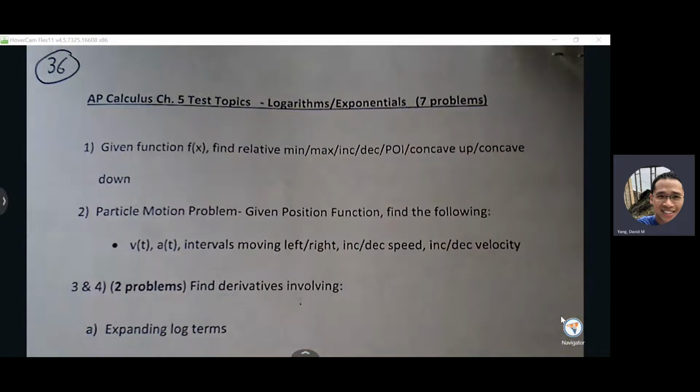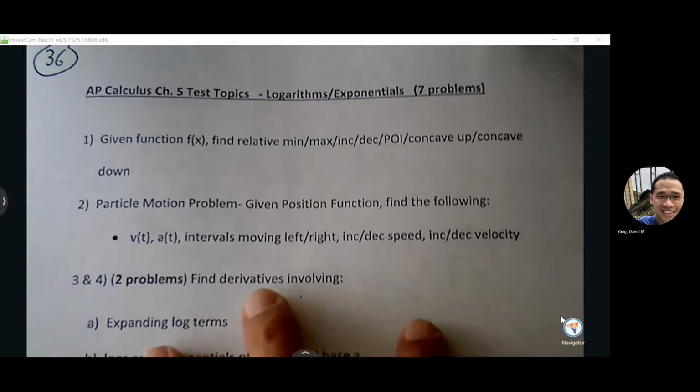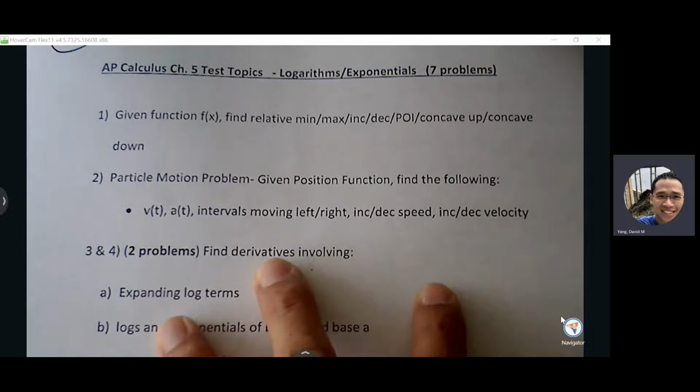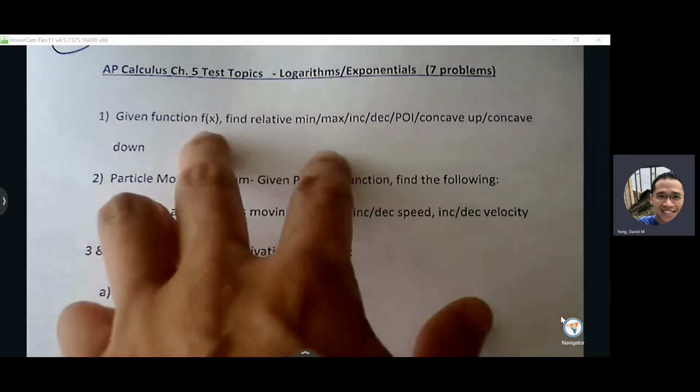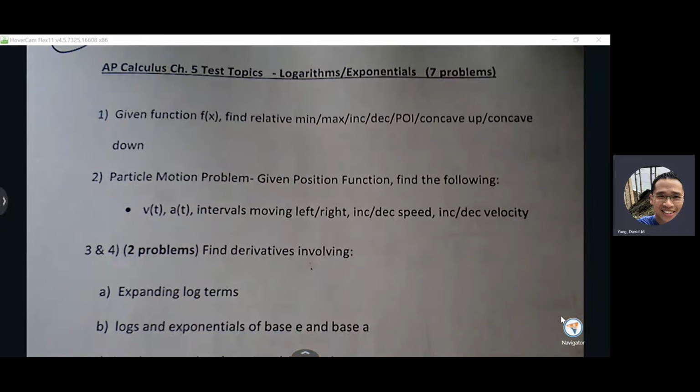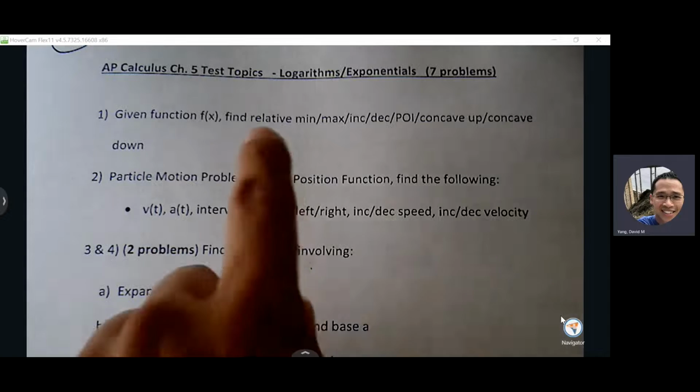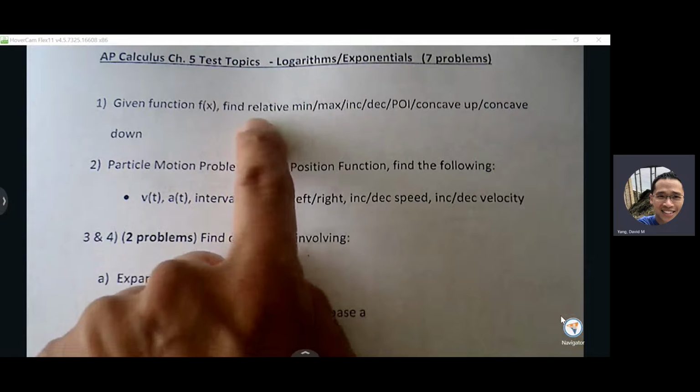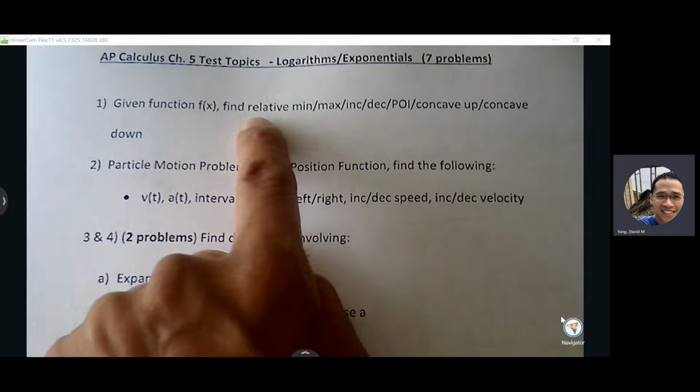These are your logs, exponential. These are topics: being able to do curve sketching, find relative max, relative min, first derivative test for concavity, everything that you did with polynomials and rational functions, but now from an exponential and logs perspective.